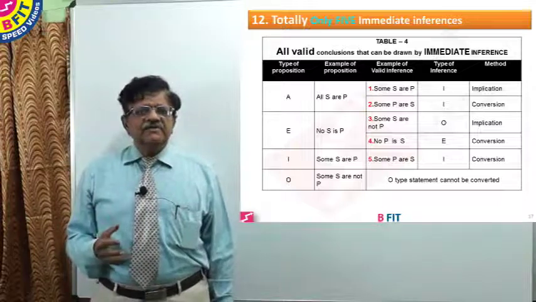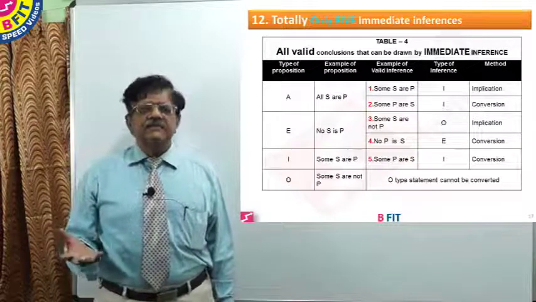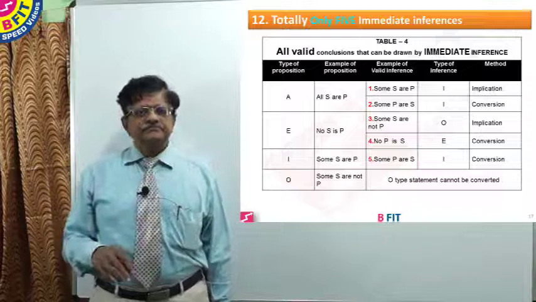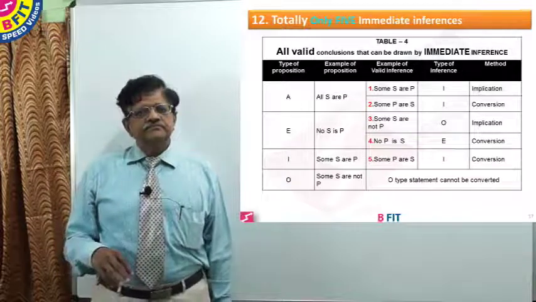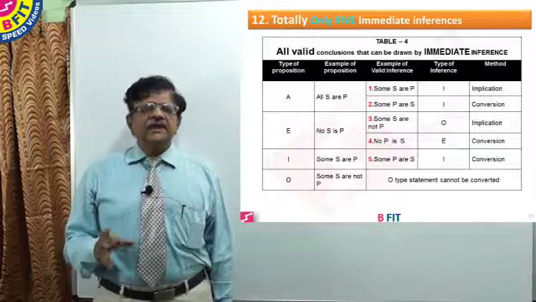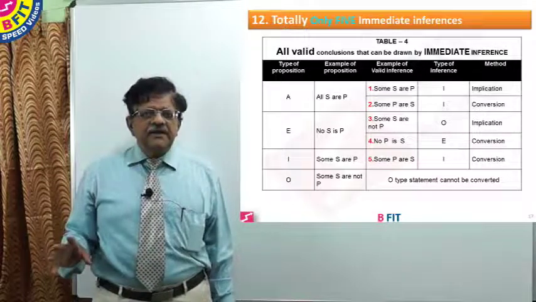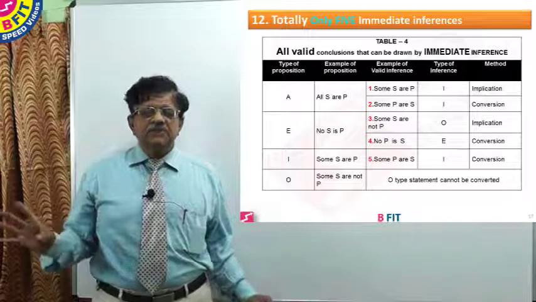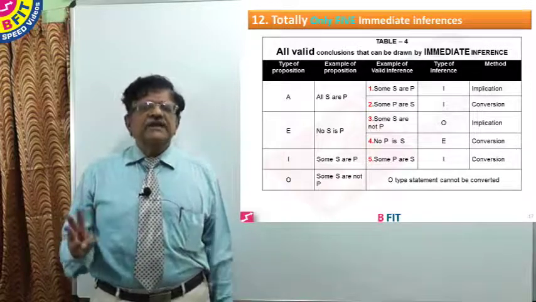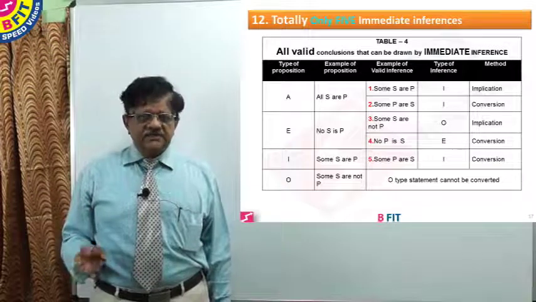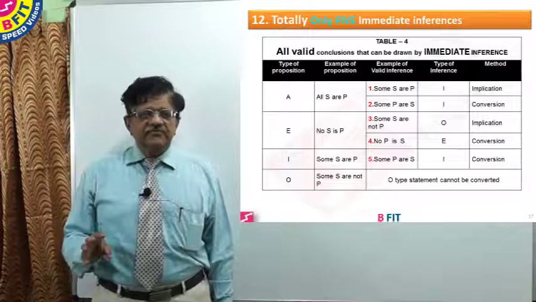The valid inference at this stage is some P are S by conversion. Some S are not P: can you draw any valid inference? From an O-type statement, no valid inference is possible. Only from the first three types can we draw some valid inferences. From O-type, no valid inference.